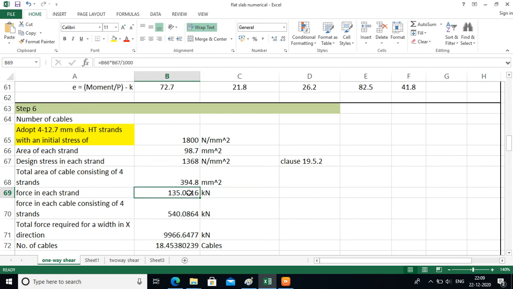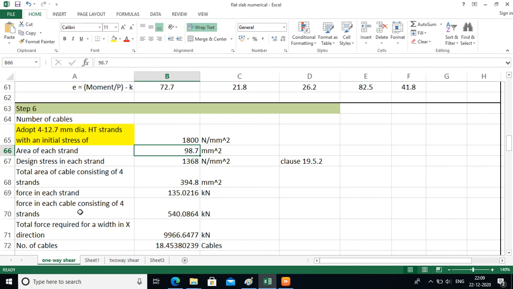So the stress in a single strand into the area of a single strand, that means B66 and B67. The B66 position is the area of each strand multiplied by the design stress in that strand, which gives us the force in each strand.